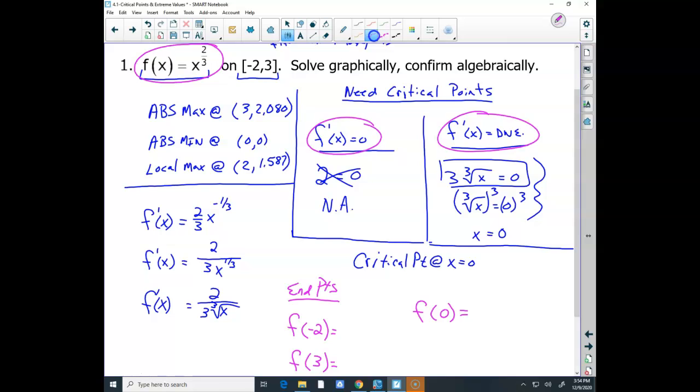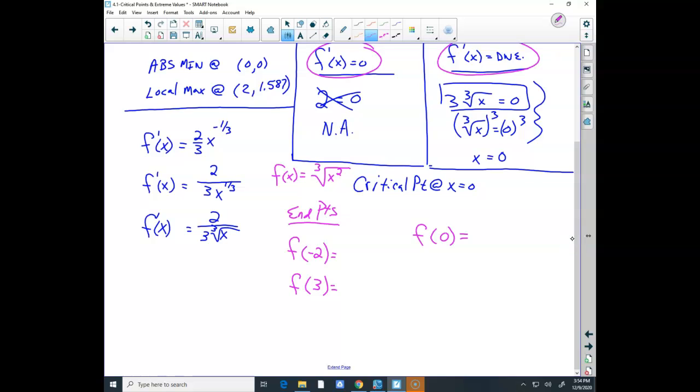Remember, f of x equals x to the 2/3 power, which is another way to say the cubed root of x squared. You don't need to waste your time with a calculator on this. So f of negative 2 is just the cubed root of negative 2 squared, so that's the cubed root of 4.